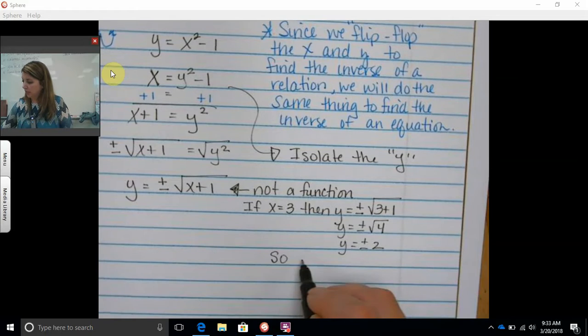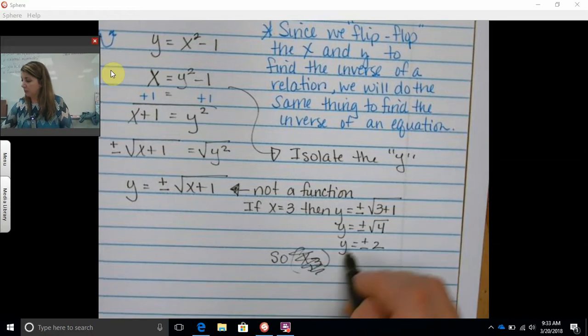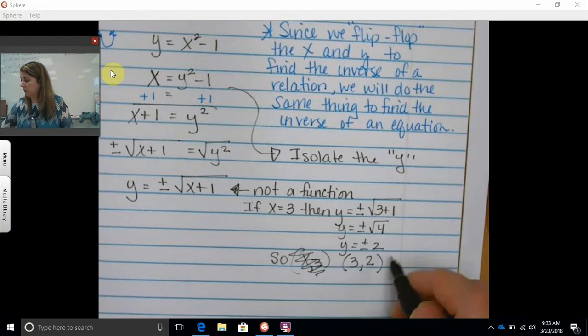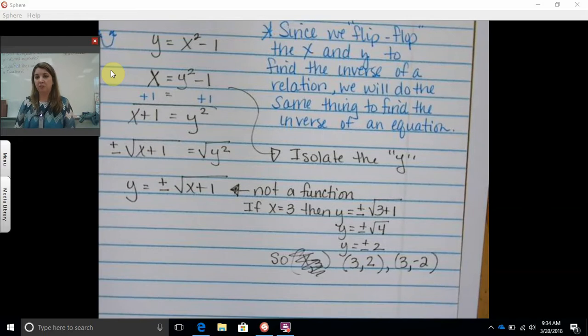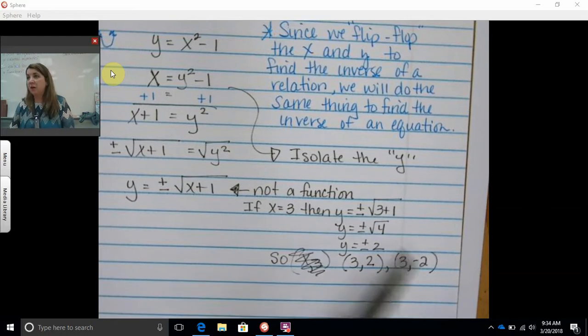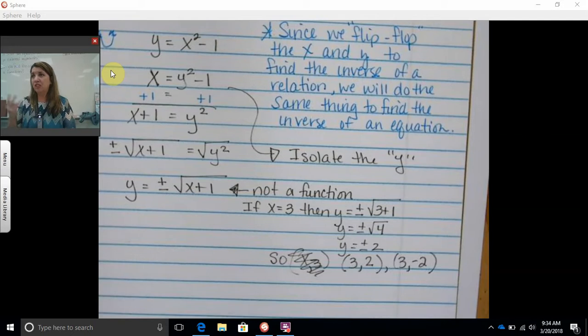So we'd have 3 comma 2 and 3 comma negative 2. Obviously, that's not the only example. That's just one example of why it can't be a function. It has a repeating domain, because you have that positive and negative on the outside. So I can give you 2 different answers when you substitute in a value for x. Does that make sense? So that square root is kind of the reason why.